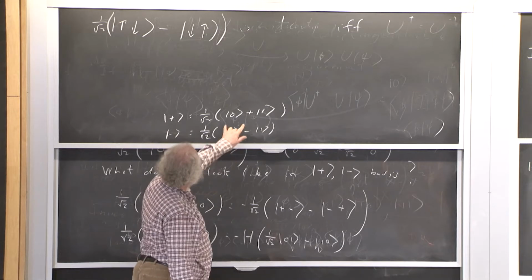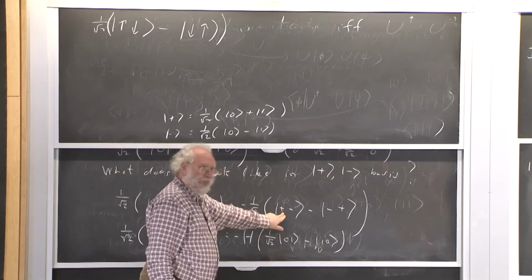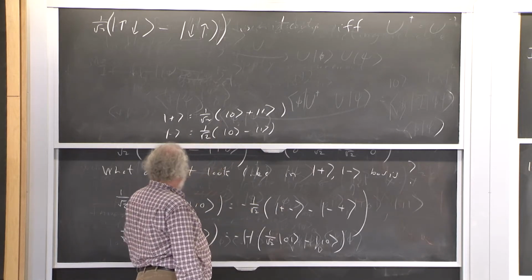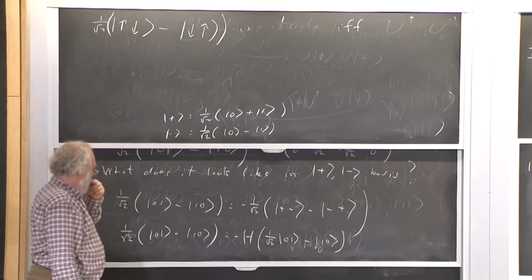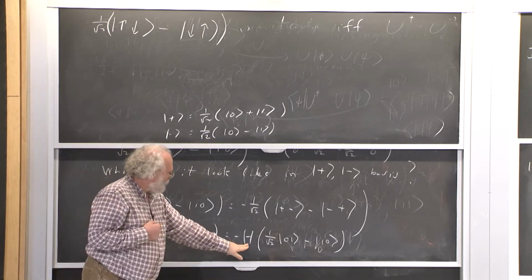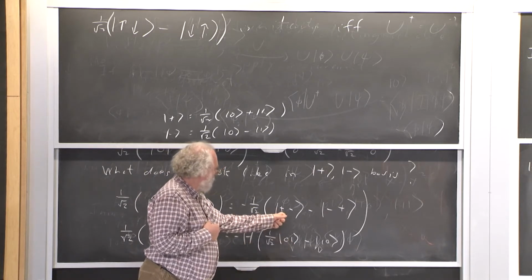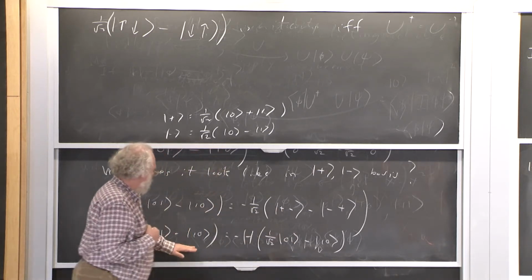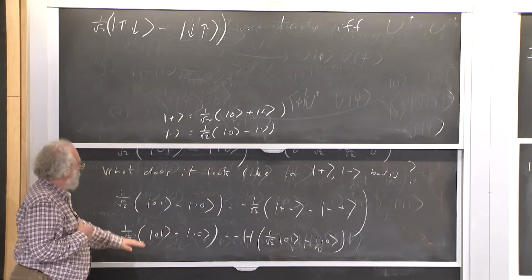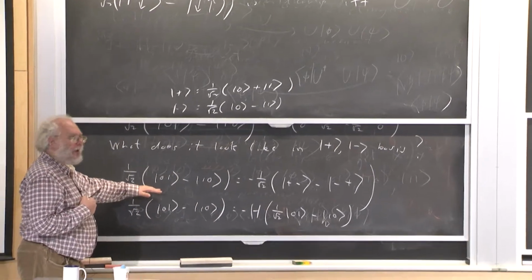If you just substitute this in here, you will get this, because what the Hadamard does when applied to 0, 1 is turn 0 into plus and 1 into minus. So this is a legitimate equality, and this is also a legitimate equality.